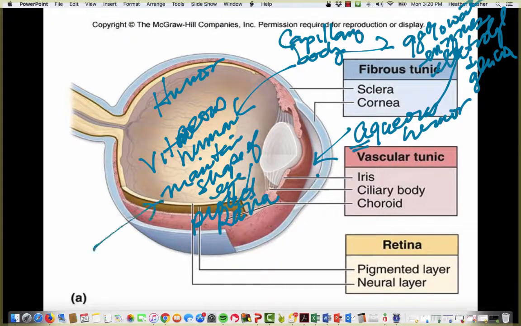It's only produced once. And it lasts a lifetime. So it's produced in the embryo and you get it the whole time.